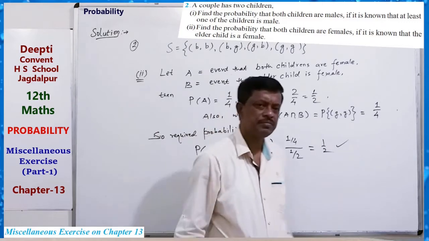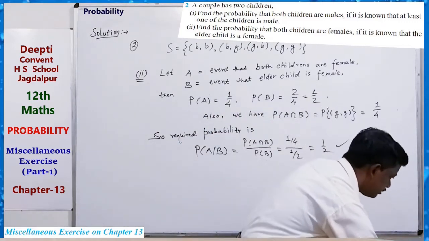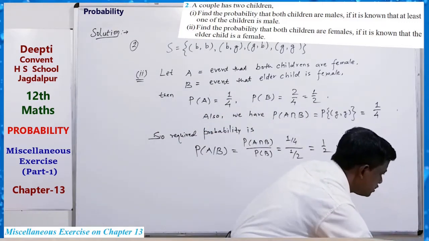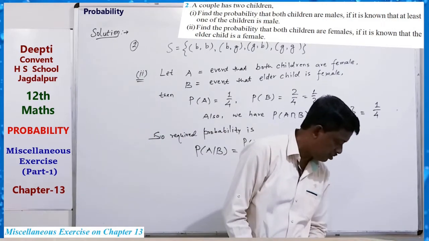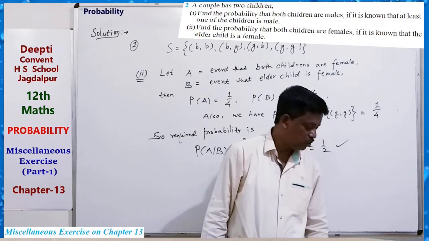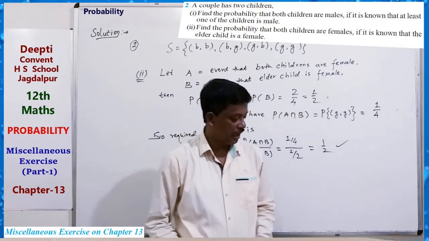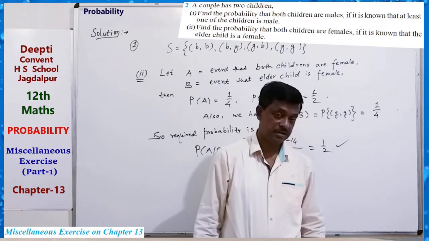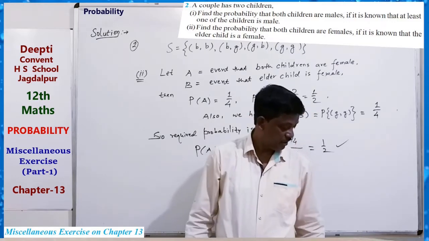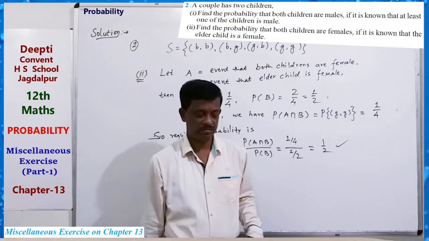So just using conditional probability. Here is the third question. Suppose that 5% of men and 0.25% of women have gray hair. A gray-haired person is selected at random.